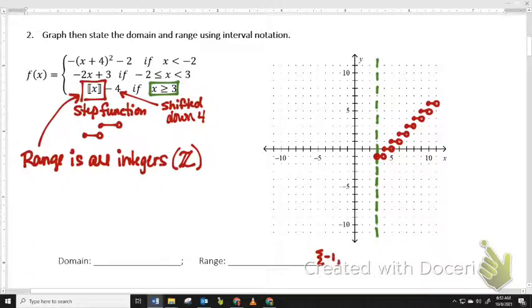So I see -1, I see 0, 1, 2, 3, and then it just continues on with all of those integers there, right? So I can just kind of put a dot, dot, dot. As long as anybody else looking at this can follow that pattern, once I've established that pattern, I can just put dots.